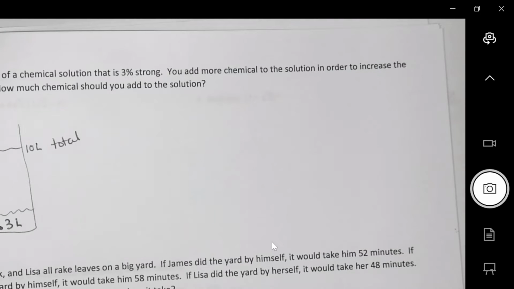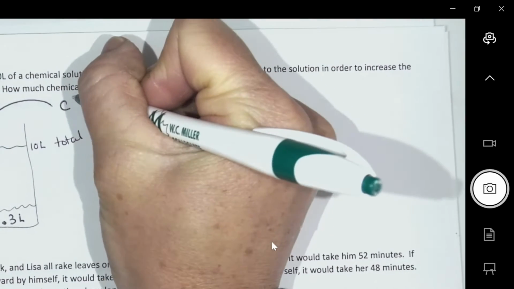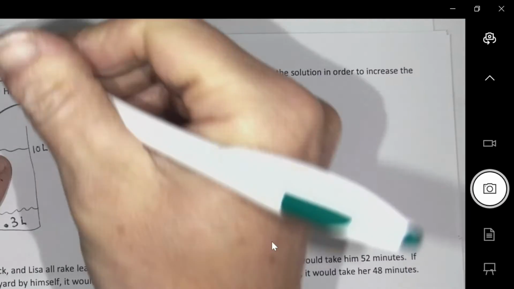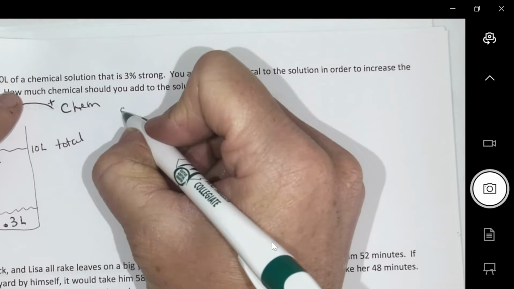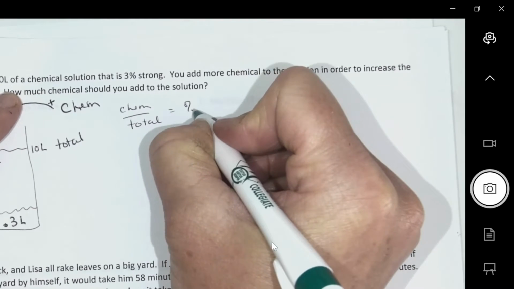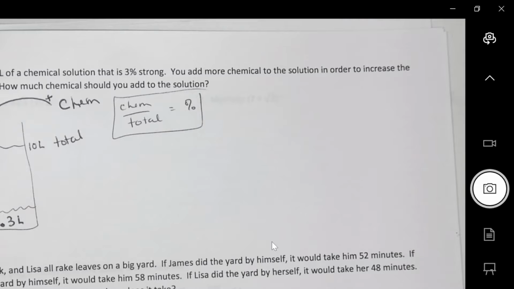Now we're going to add more chemical in. We're going to put more chemical in. Do I know how much more? No. I'm just going to add more. So here's the little strategy on these. The chemical in there divided by the full fluid is showing you how % strong it is.